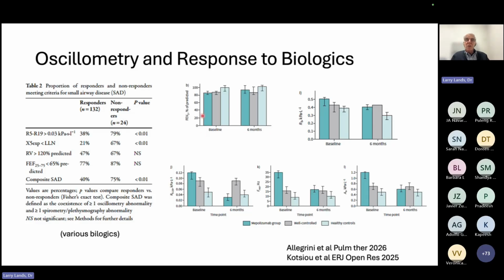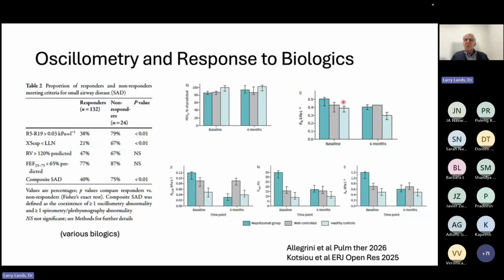I want to point out to you, if we look at the dark green bars, at baseline in 6 months, there really was no difference in FEV1. So if you were expecting to see an FEV1 difference, you weren't going to see it. I also want to point out that you can see that things really look quite stable for those who are well controlled and people who are healthy.